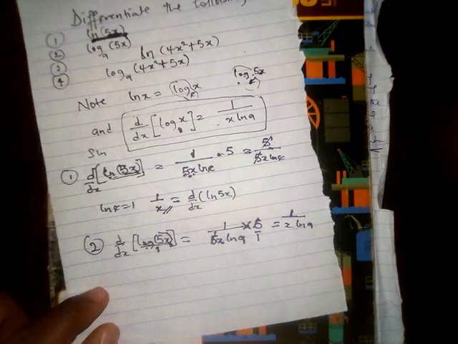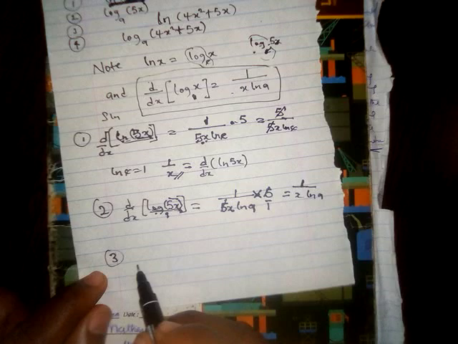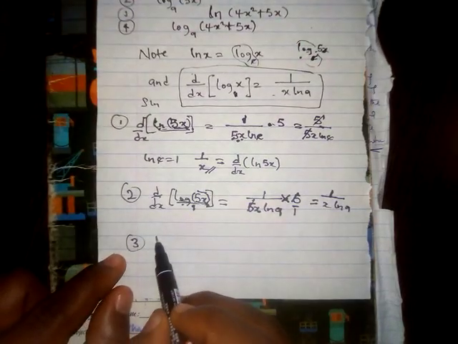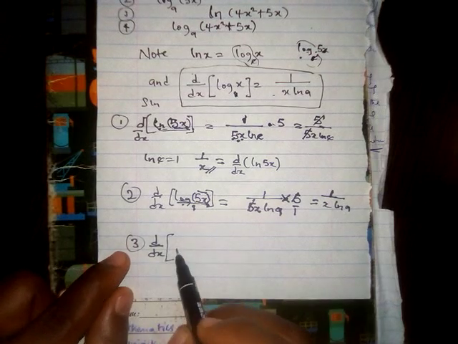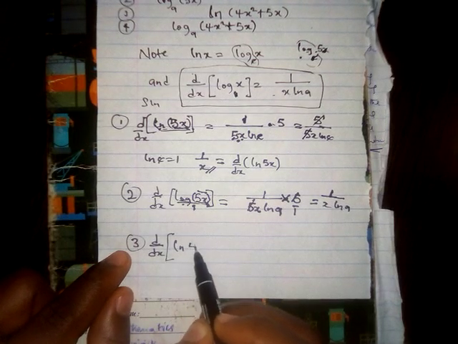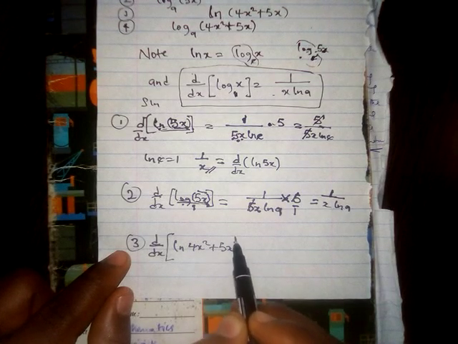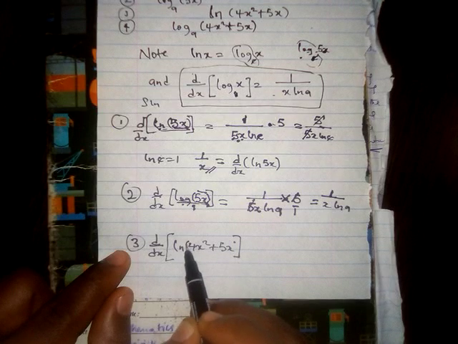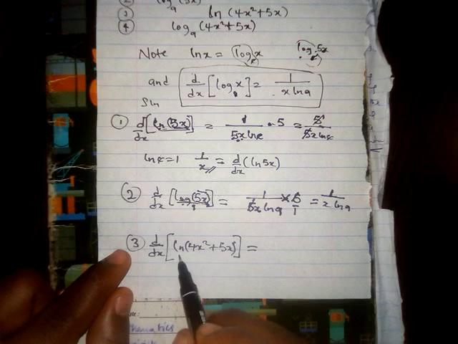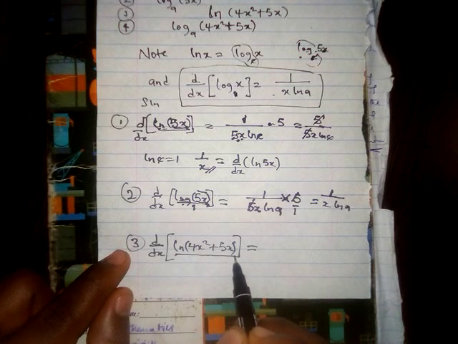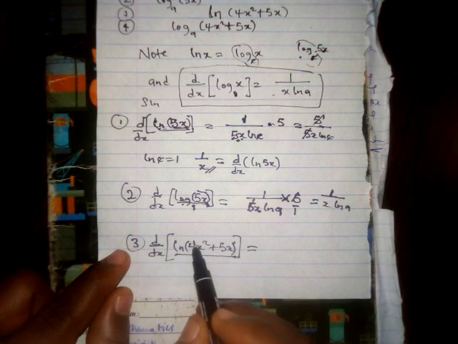Now for number 3, this is actually d of dx. We're differentiating the ln of 4x squared plus 5x. So we are differentiating this. Now using our formula, remember we have to differentiate the outer function, which is the logarithmic function, and then we differentiate the inner function here.